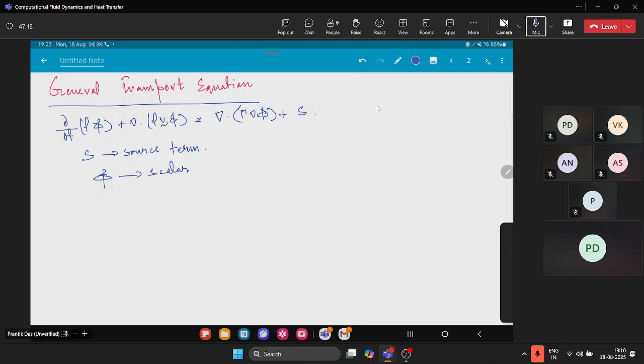It can be a scalar, it can be a vector also. For our case, we are considering phi to be equal to T, where T is the temperature.